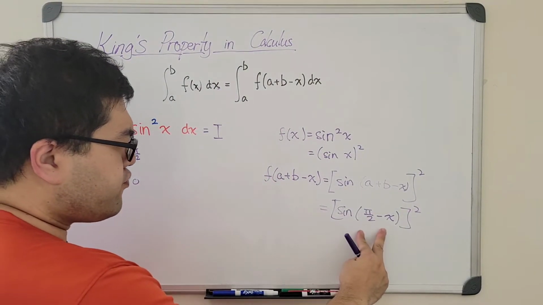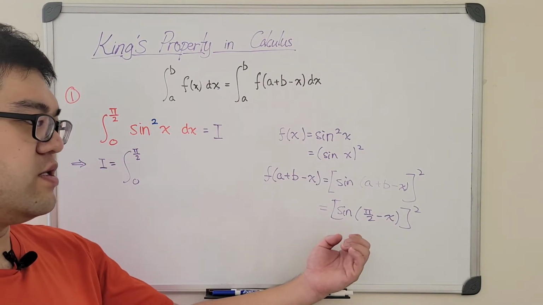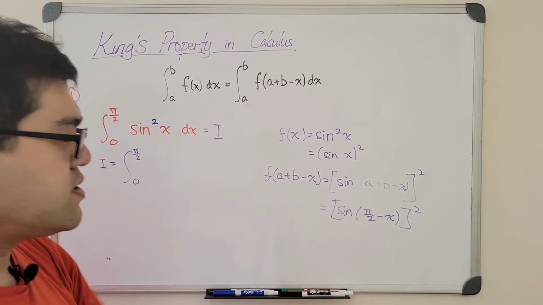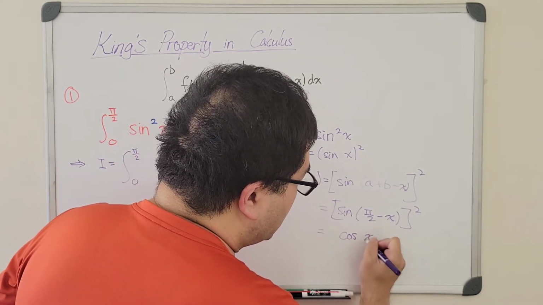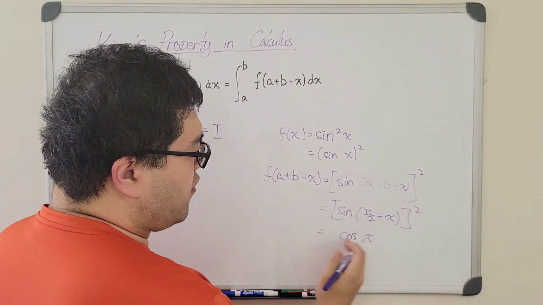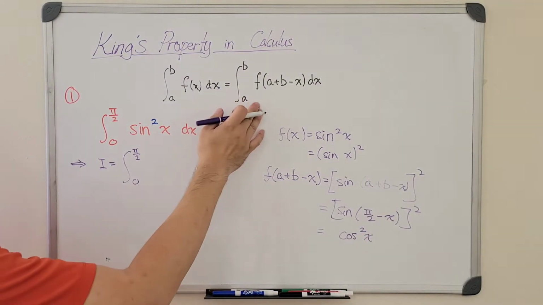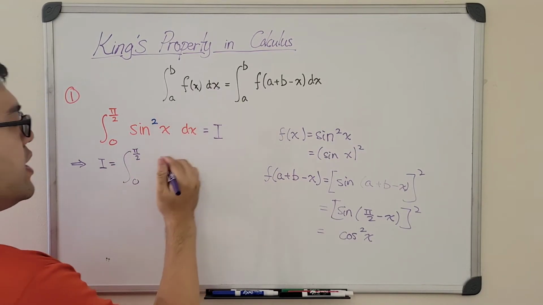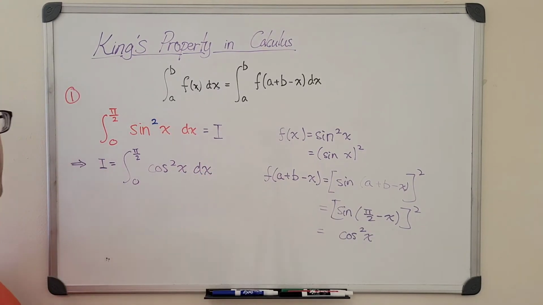Now, keep in mind, we're not done yet. Why? Because one of the trig properties says that sine of this is just equal to cosine of x, meaning we have the square of cosine of x here, or cosine square of x. So by the King's property, we can replace the sine square of x with cosine square of x dx.